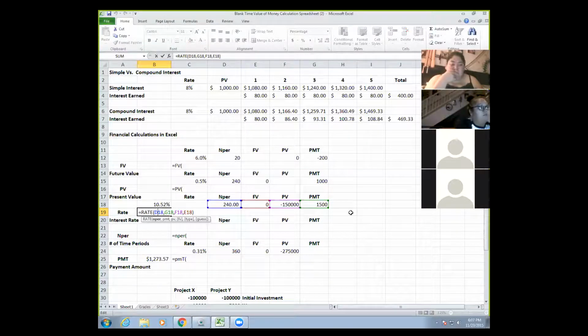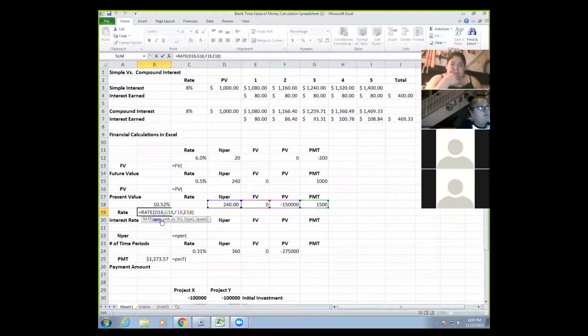What answer did you get for that one? I got 1%, but I didn't put in the 0 for future value, so I think that's probably why.